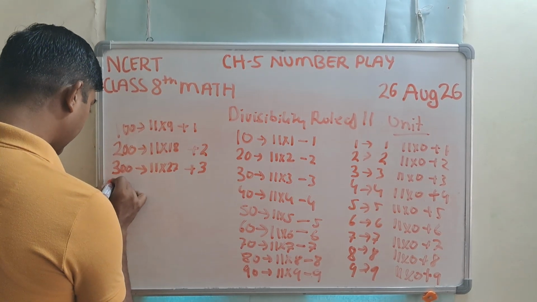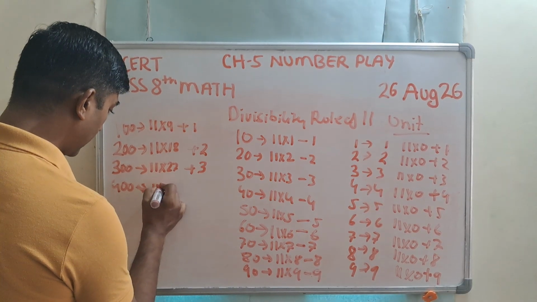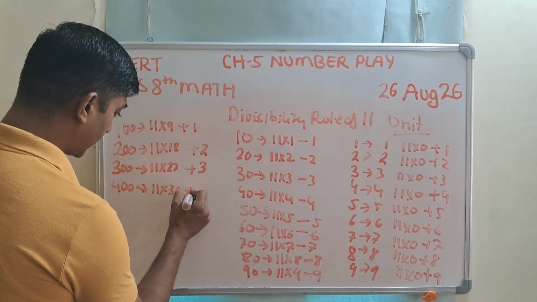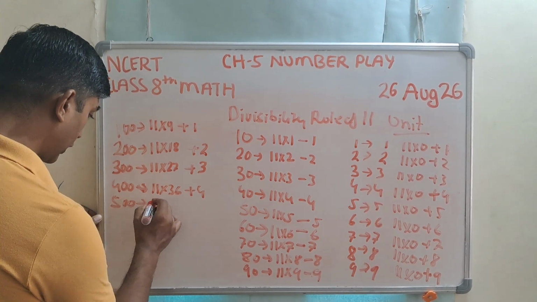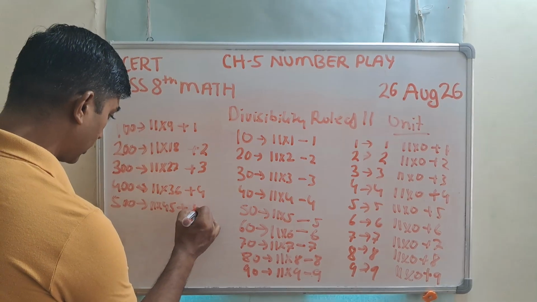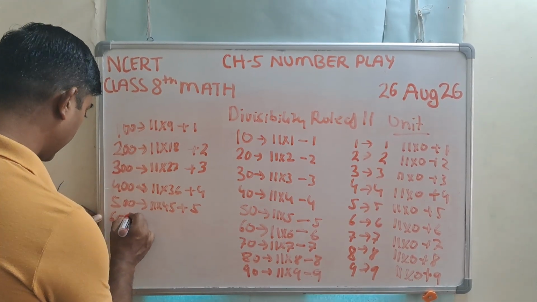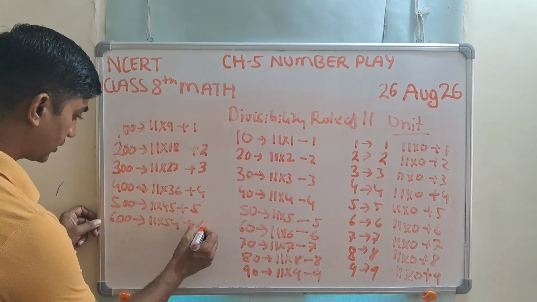Understood? In case of 400, what you will see? 11 into 36 plus 4. Understood? In case of 500, what you will get? 11 into 45 plus 5. In case of 600, you will get 11 into 54 plus 6.